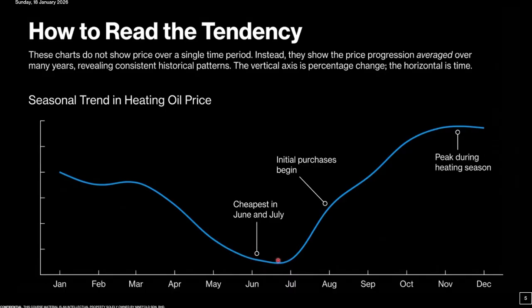And so the extreme discount for this particular asset, we can observe making lows or lower lows between June and July before there's a rally. And this, in a nutshell, visually speaking, is how you read a seasonal tendency.